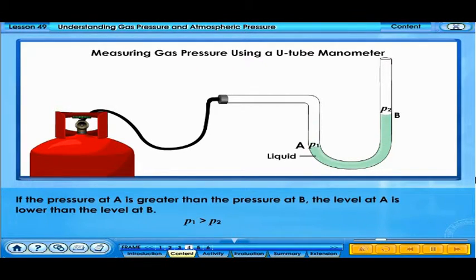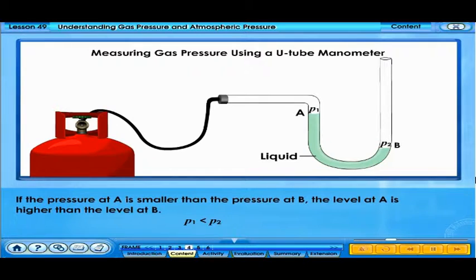If the pressure at A is greater than the pressure at B, the level at A is lower than the level at B. If the pressure at A is smaller than the pressure at B, the level at A is higher than the level at B.